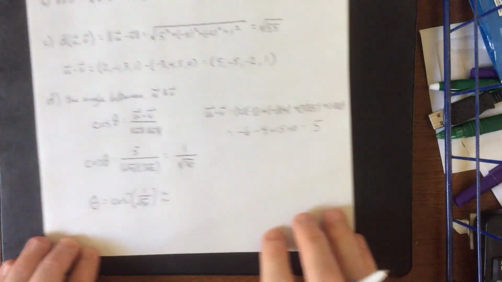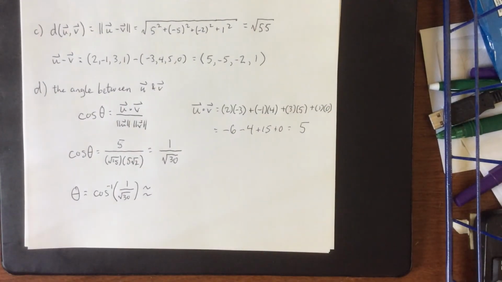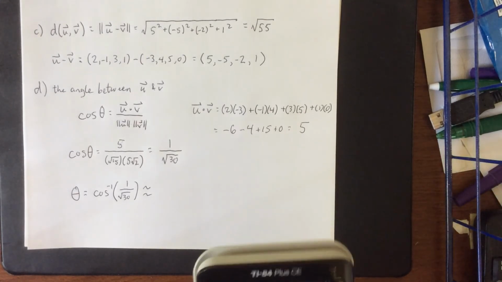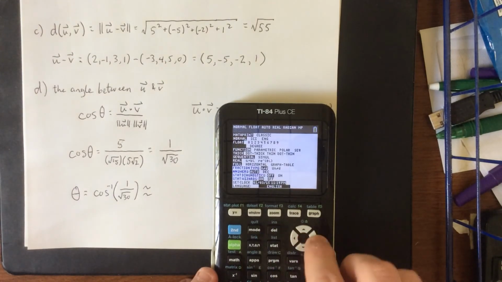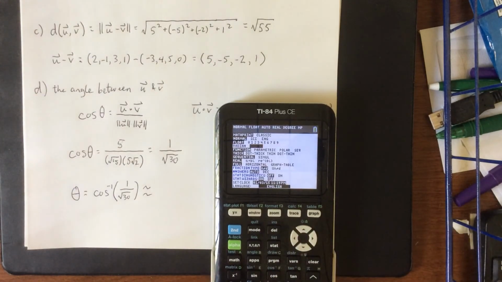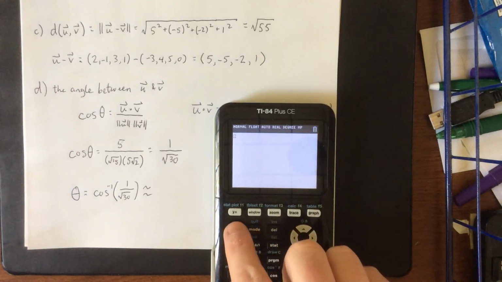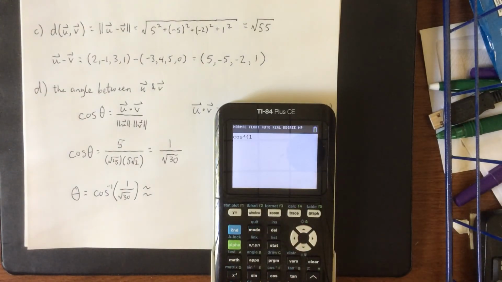However, if you'd like to, you can turn to a calculator and get a decimal approximation for this. Now with that in mind, I'm going to make sure that my calculator is in degree mode. So degree mode, and then I'm going to ask for the arc cosine of 1 divided by the square root of 30. Oops, missed a 3. 30.